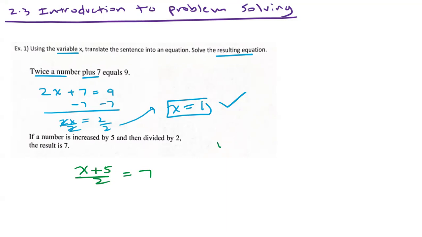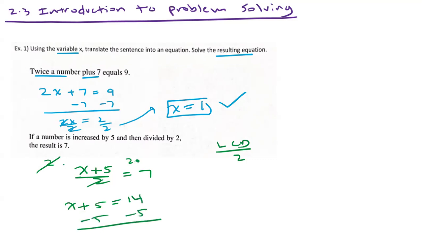I'm going to recommend the LCD way. The least common denominator in this case is 2, so I'm going to multiply both sides by 2. The 2's cancel, giving me x plus 5. Then 2 times 7 is 14. Then subtract 5 on both sides, so x gives us 9.